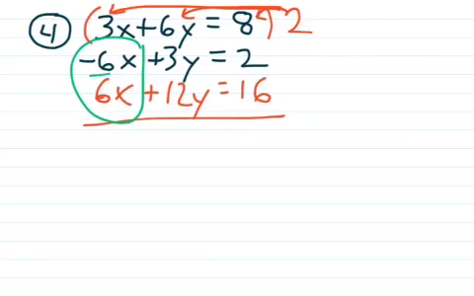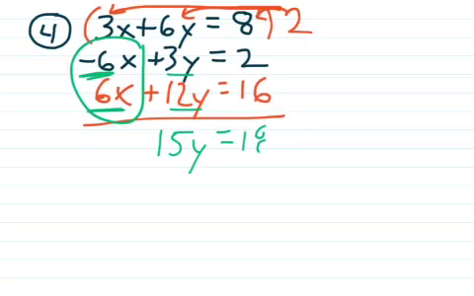I know that negative 6 and a positive 6 is 0. So I eliminated the x's. What's left is 3y and 12y is 15y, equal to 2 and 16, which is 18. And hopefully you now know I'm going to divide by 15.